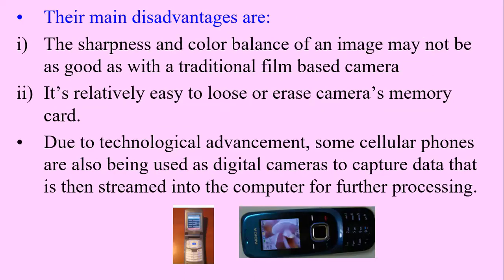The main disadvantages of cameras are, number one, the sharpness and the color balance of an image may not be as good as with a traditional film-based camera. Number two, it is relatively easy to lose or erase the camera's memory card. Due to technological advancement, some cellular phones are also being used as digital cameras to capture data that is then streamed into the computer for further processing.